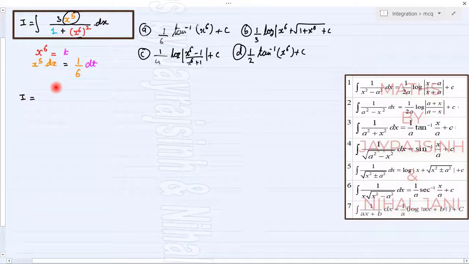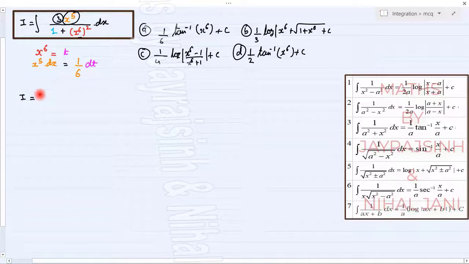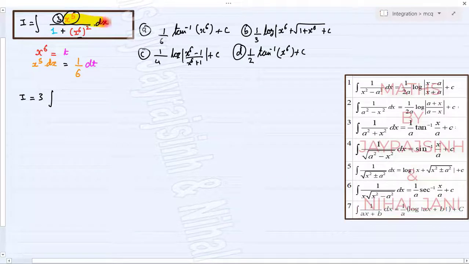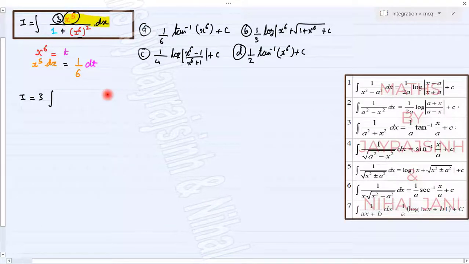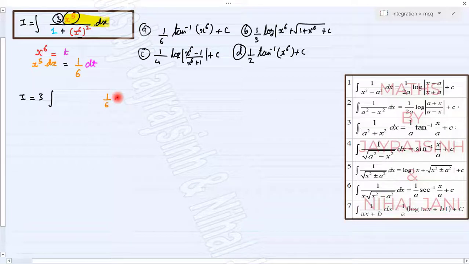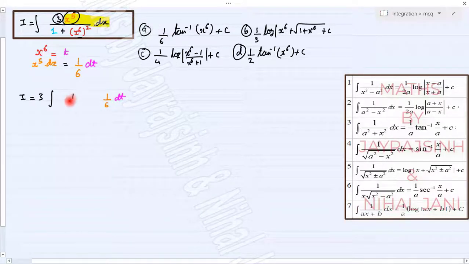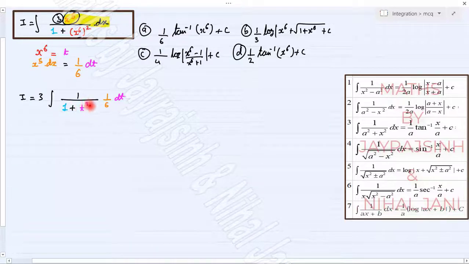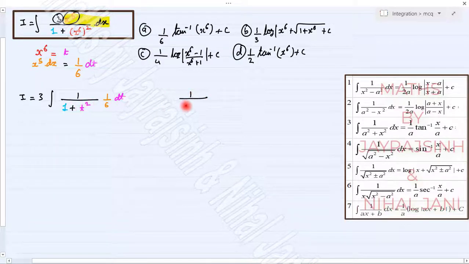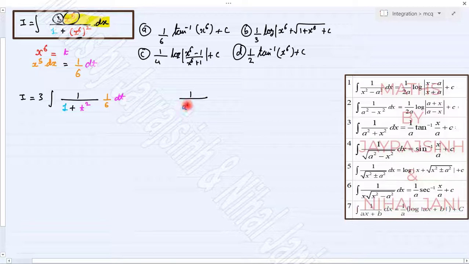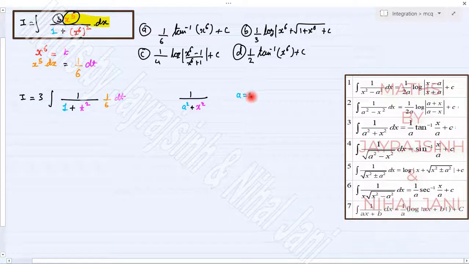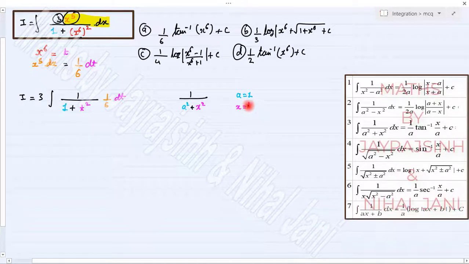So, we can modify our integration as this 3 is constant, take it outside, integration of this x raised to 5 dot dx will become 1 upon 6 dot dt and 1 upon 1 plus t square. So, here we get 1 upon a square plus x square form, where your a is 1 and x is t.